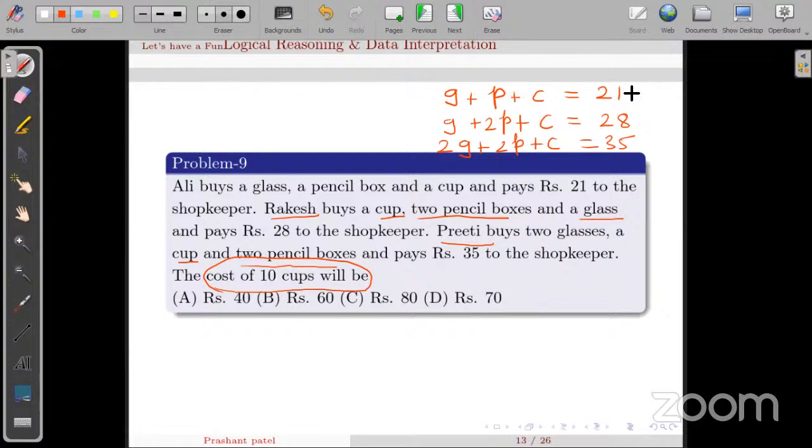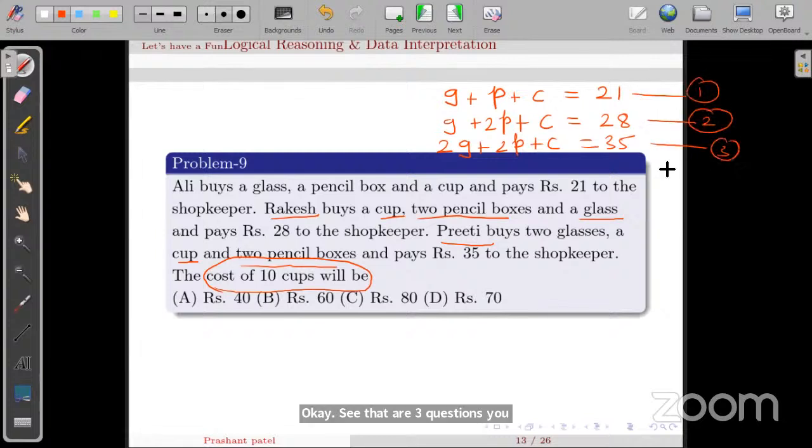See, there are 3 equations. You just need to solve this. The easiest way is to multiply the first equation by 2. So you will get 2G plus 2P plus 2C equal to 21.